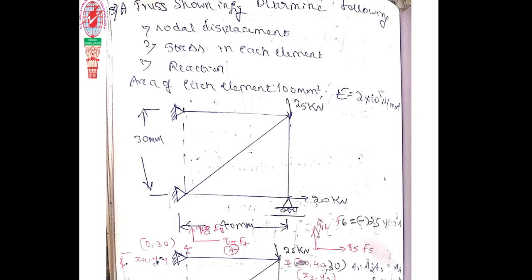Area of each element is given as 100 mm square. That means A1, A2, A3, A4 are the same. E is also the same, 2 into 10 raised to 5.